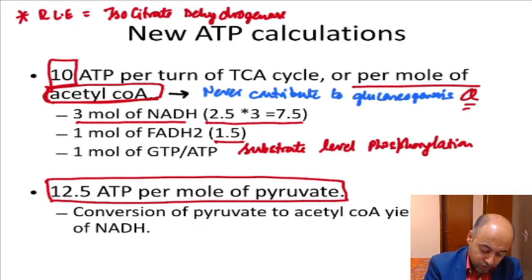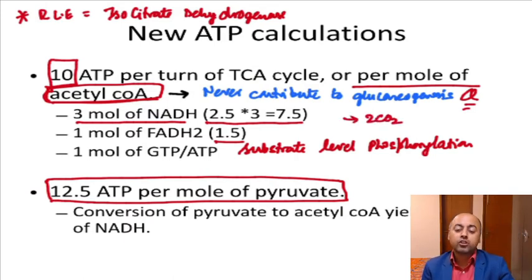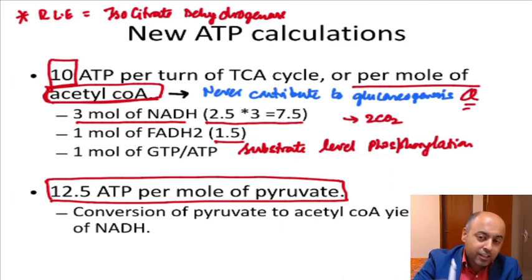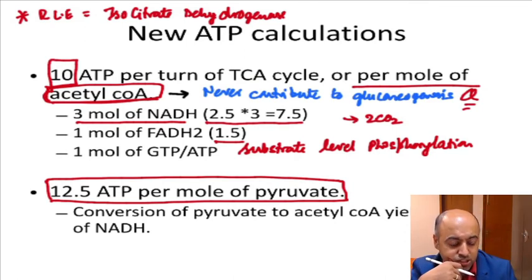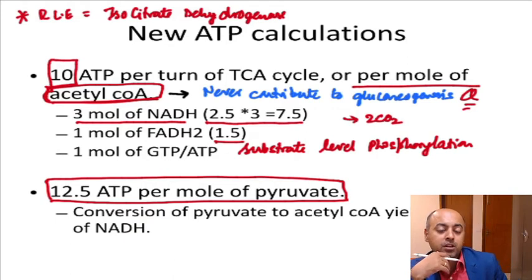Why? Because along with these energy products, we also get 2 carbon dioxide. Due to decarboxylation, 2 carbon dioxide is released. Acetyl coenzyme A has 2 carbon. During the Krebs cycle, you have removed 2 carbon. So there is no net gain, so it cannot contribute to gluconeogenesis. This is the important point which you have to keep in mind.